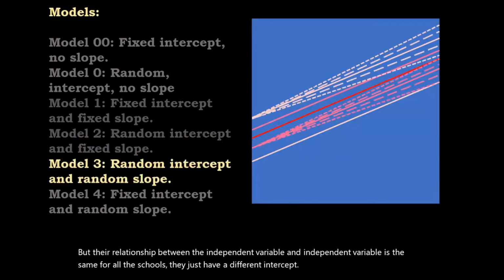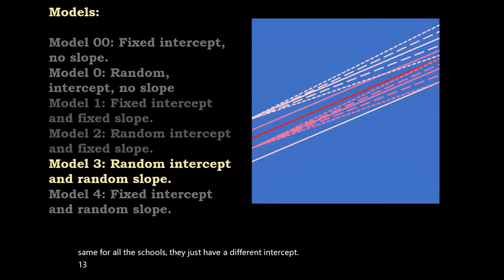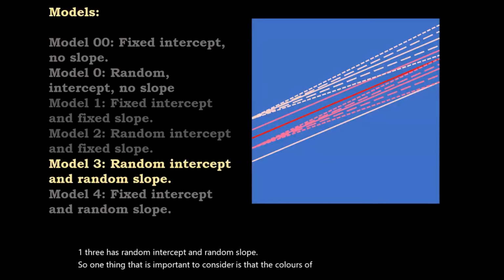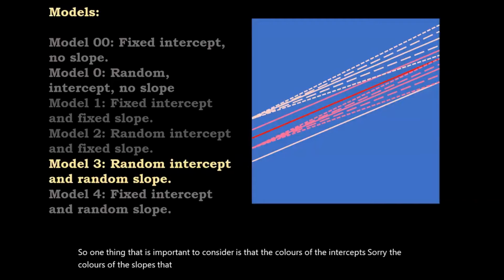Model 3 has random intercept and random slope. One thing that is important to consider is that the colors of the regression lines have some meaning.